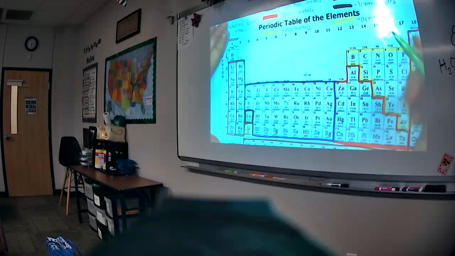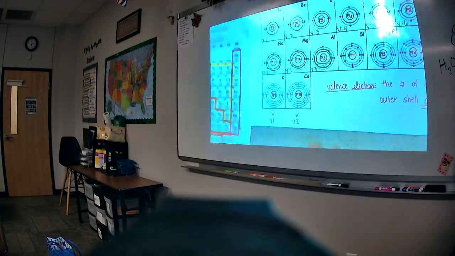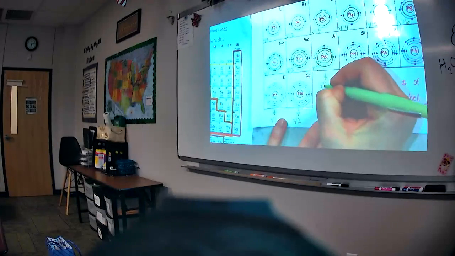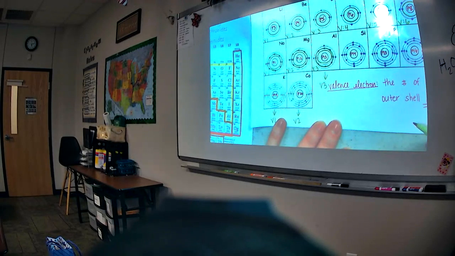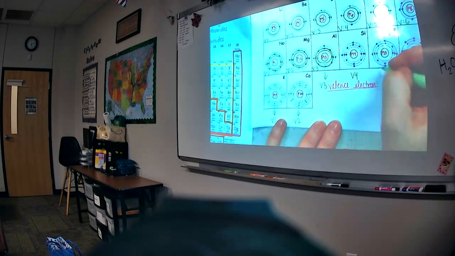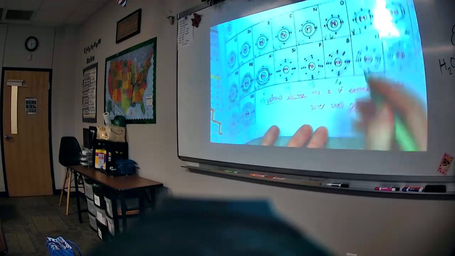Here is where we pick up, which is group 13. All these elements have 3 valence electrons. Group 14, they all have 4. Group 15, they all have 5. Group 16, they all have 6, and all the way on through.